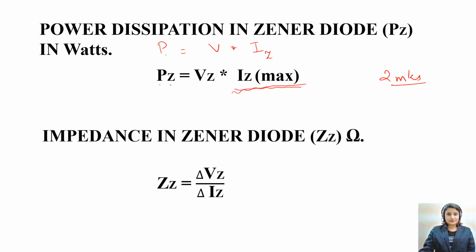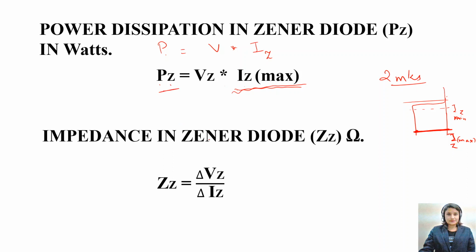Why? Because the Zener diode in the Zener region has two values, IZ minimum and IZ maximum, so its maximum current value is always considered to calculate its power dissipation.